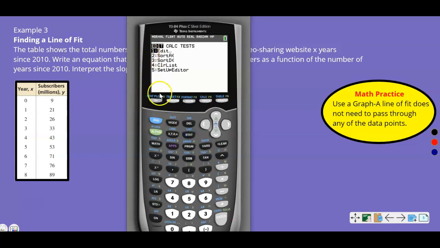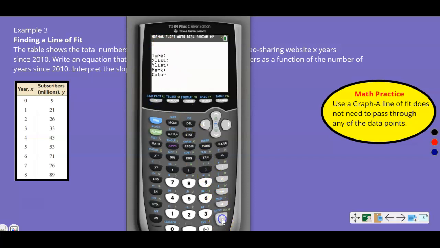Click on Stat and Edit, and you can enter your list of points. I've already done that to save a little time, but enter your x's in L1 and your y's in L2. Then if you do second quit, that is saved in your calculator. Now I want to look at the points, so let's turn on my scatter plot. Second Y turns on my scatter plot.